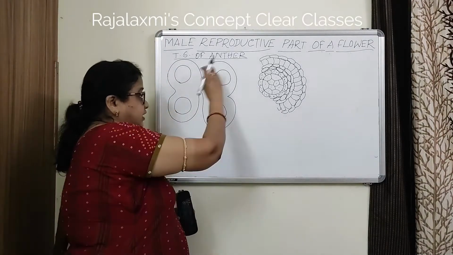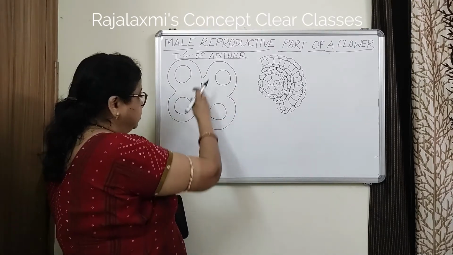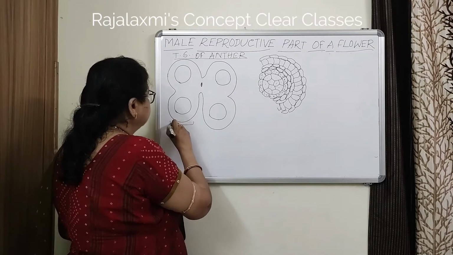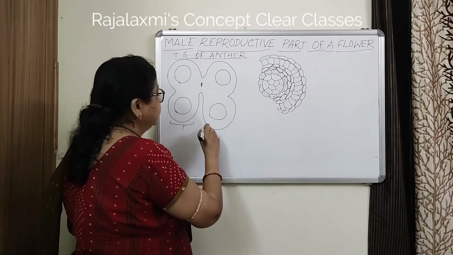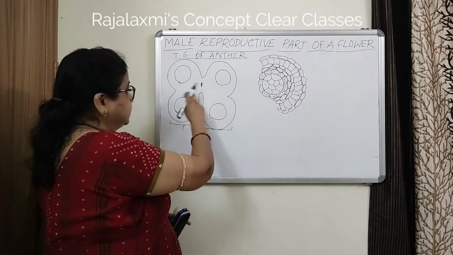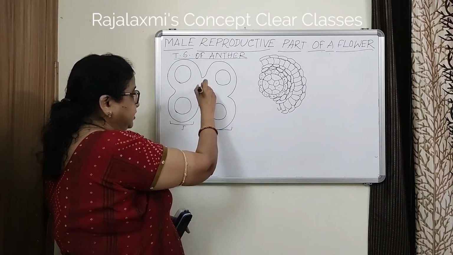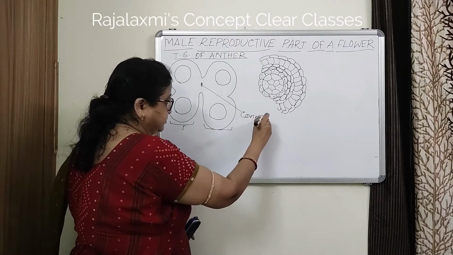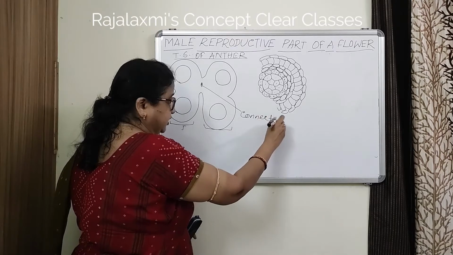That is, the anther consists of two lobes. This is one lobe and this is the second lobe. Two lobes, and the two lobes are attached by connective. This is the connective.